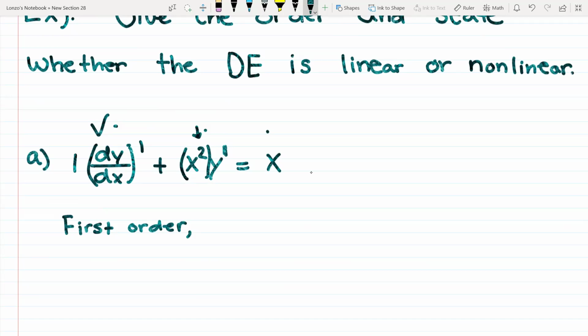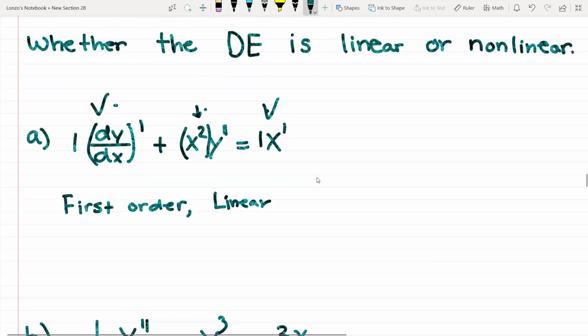So this is fine. The same thing here, this is to the power of 1 and has a coefficient of 1. You're fine. So this satisfies everything. So this is linear, because each term meets all those conditions.